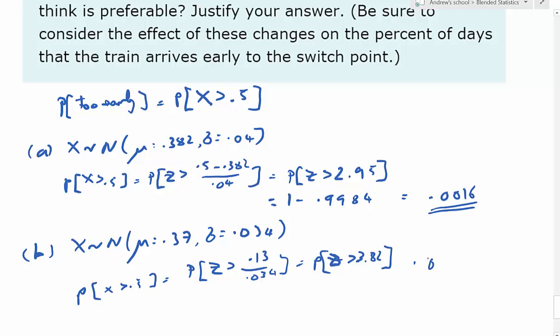So it's 0.00003. Therefore, B is by far the better solution, to leave the mean the same and try to lower the standard deviation. Thank you.